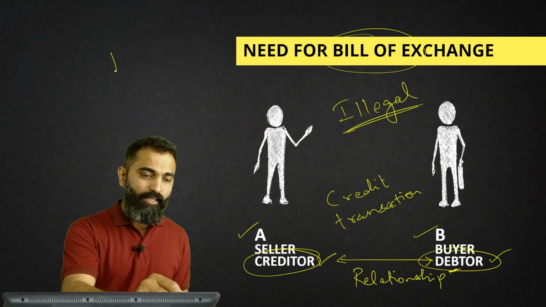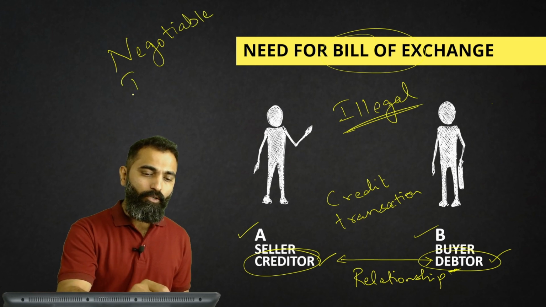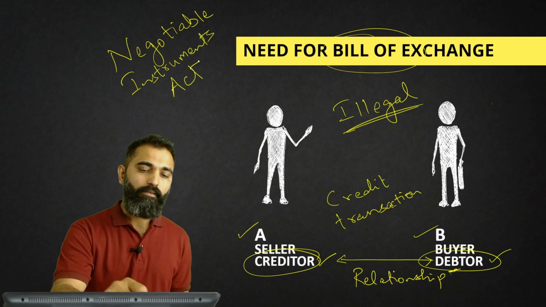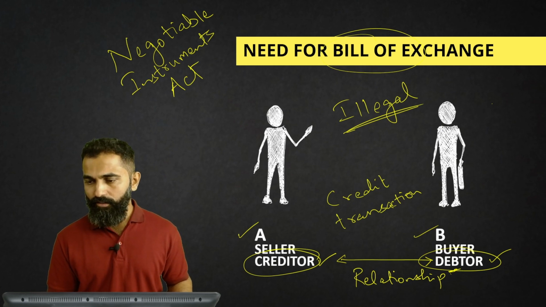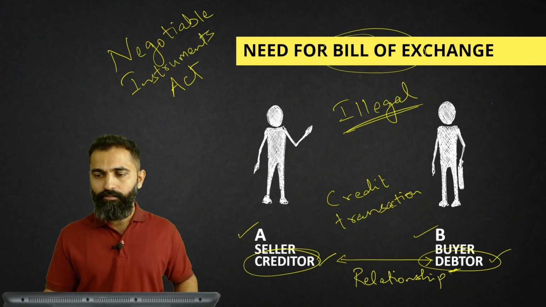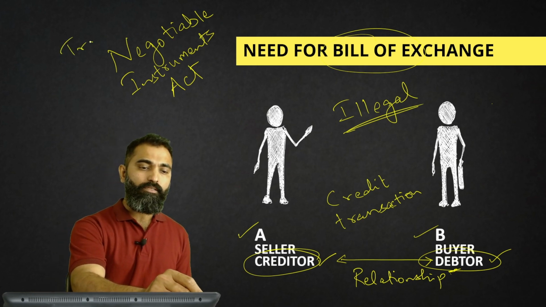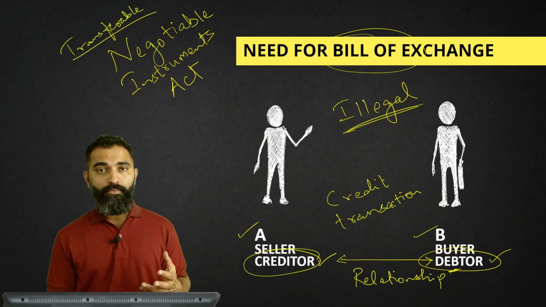I hope you are aware there is an act known as Negotiable Instruments Act. ये नाम सुना है आपने? Have you heard this name? Negotiable Instruments Act? Yeah, very good. So the word negotiable means transferable.